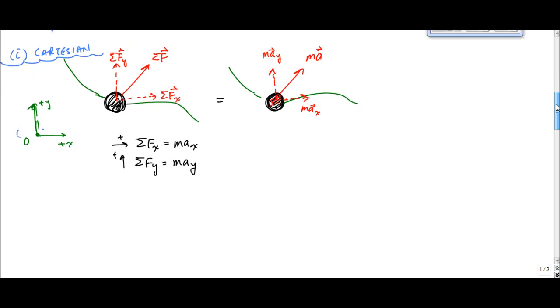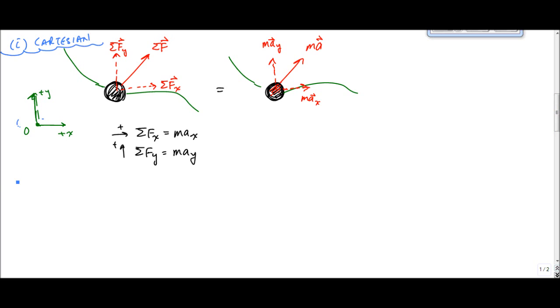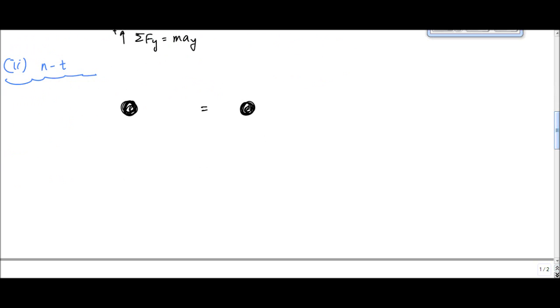Another way you could approach this problem is to choose an NT, or normal and tangential, coordinate system. If you choose NT coordinates, here again I have the same drawing, so I'm going to duplicate it.